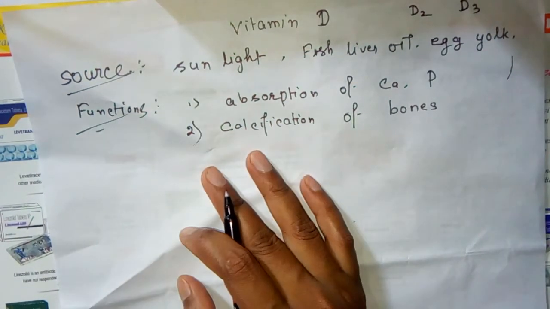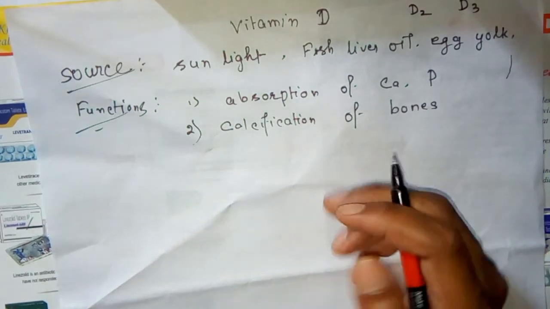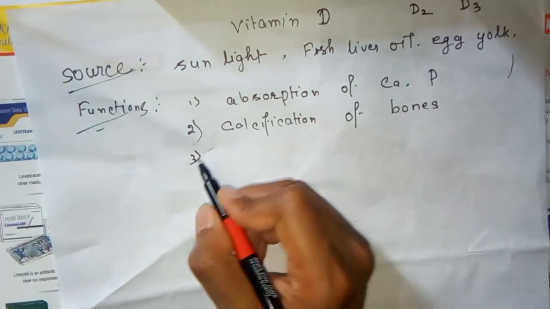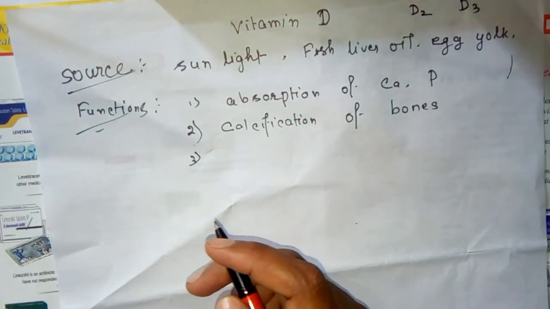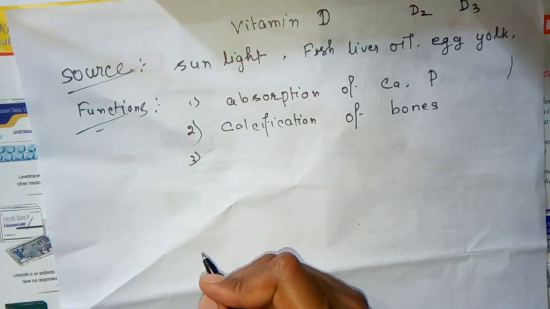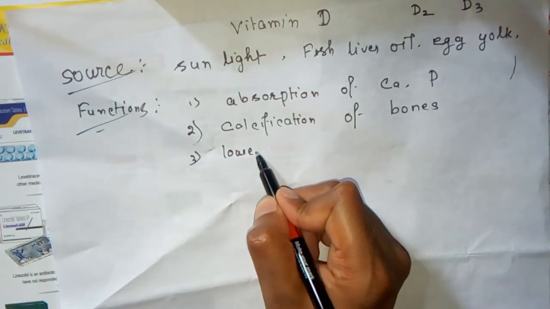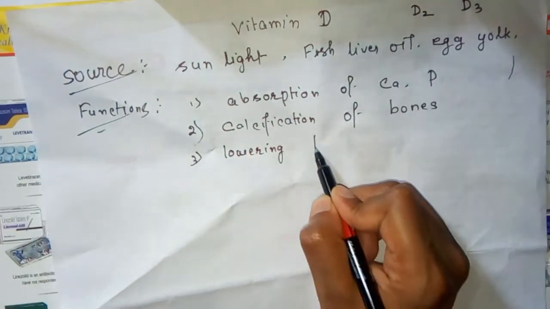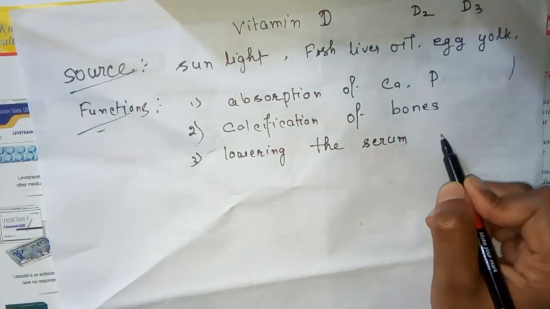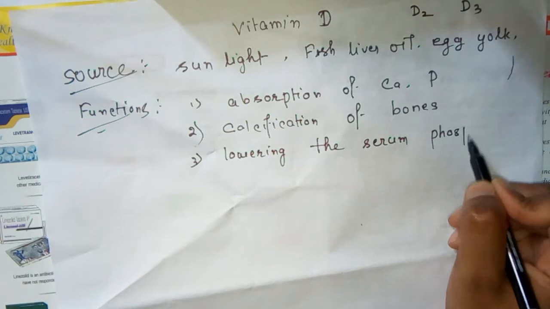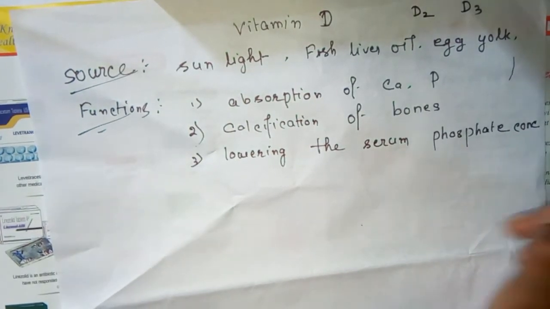Function number three is that it increases the excretion of phosphate. It increases the excretion of phosphate by the kidney, and by this it lowers the serum phosphate concentration.